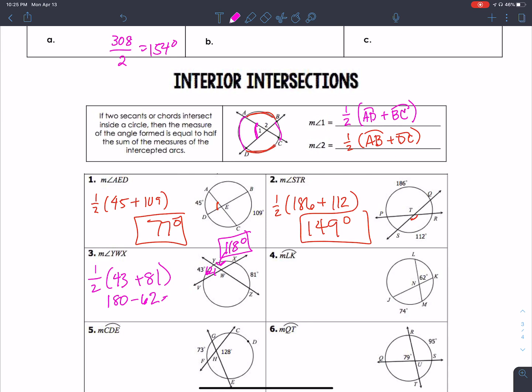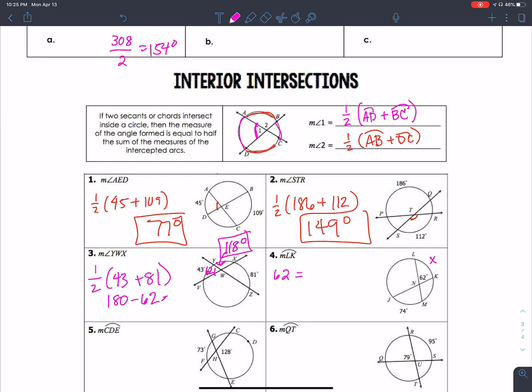Now here I want to find arc LK. So this is a little bit different. We know the angle equals 62, but we don't know one of the arcs.